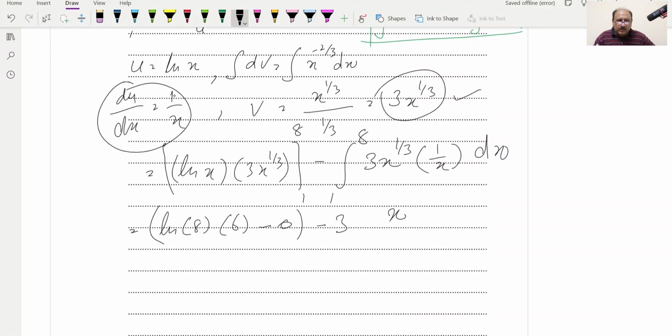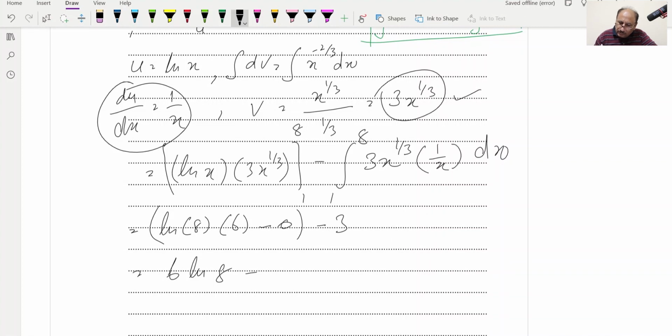Or we can write the integral directly like this: 1 by 3 over 1 by 3, from 1 to 8, and this will be 6 log of 8 minus... here we missed x, so I will change this step.